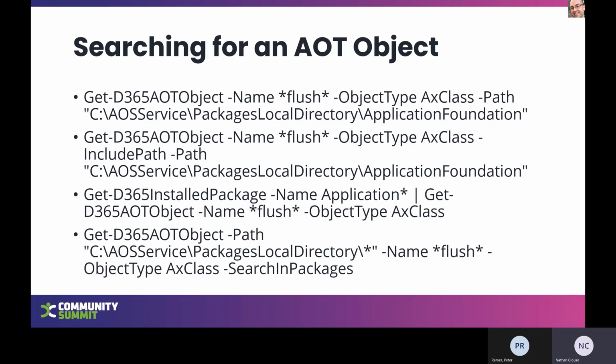It was ACO something. You can do an advanced search, try and find it to see if it made it into F&O, and if so, where is it? You get the full name from that, and then you can take a look at it in Visual Studio. So there's a lot of different examples of what you can do for advanced searching using the D365FO tools.